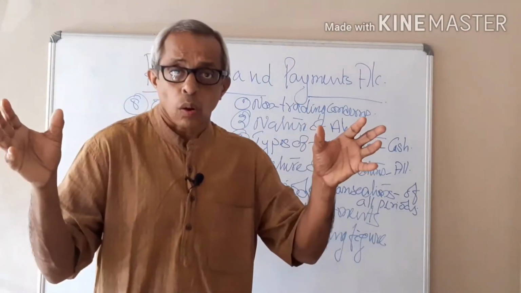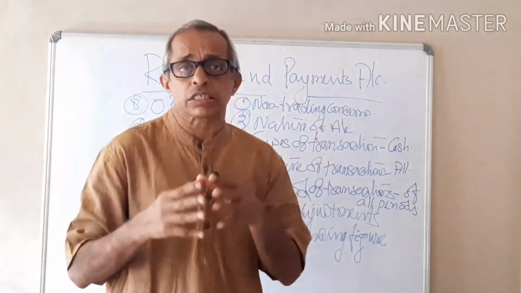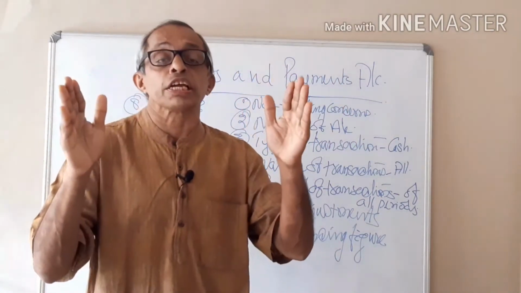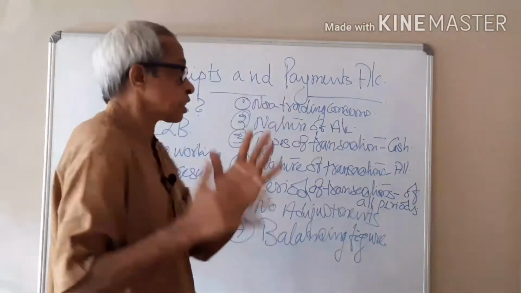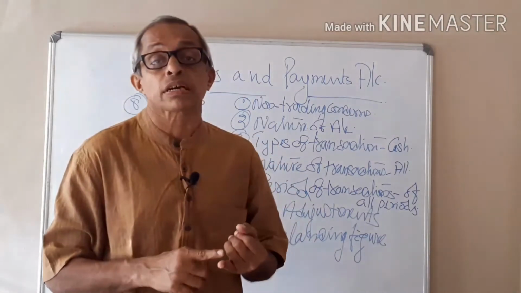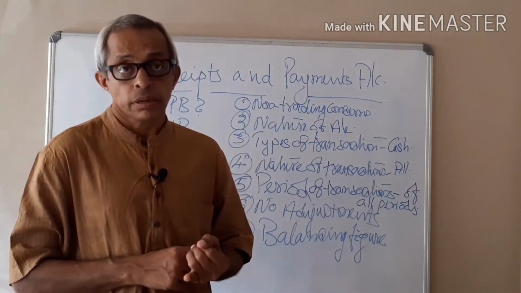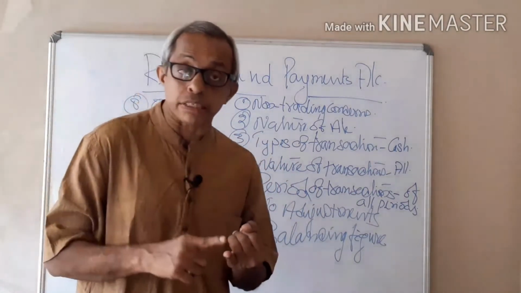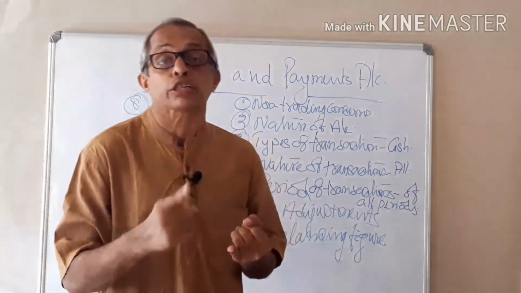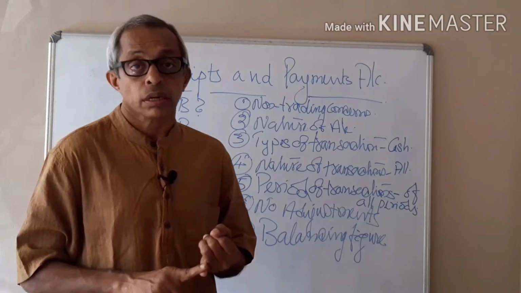So, all payments and receipts of the current year will be shown on the respective side of the receipts and payments account. And what are these? Receipts and payments may be with regard to real accounts.